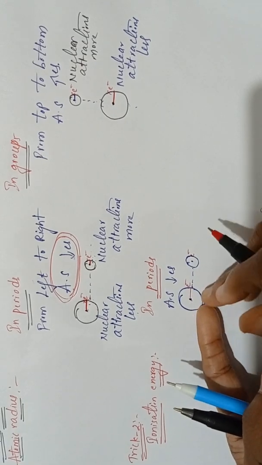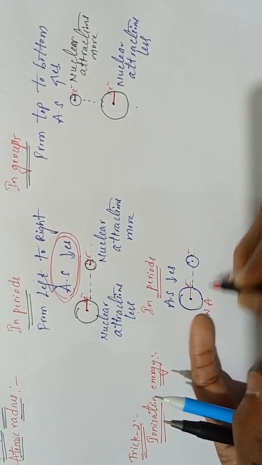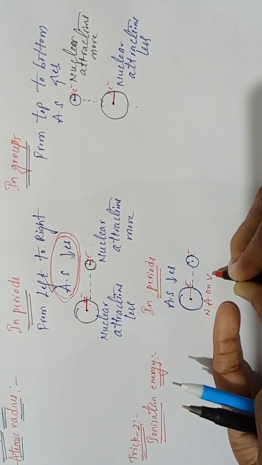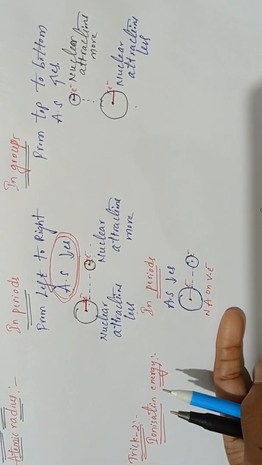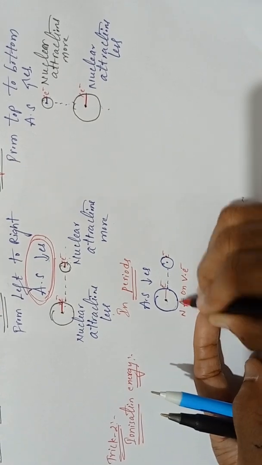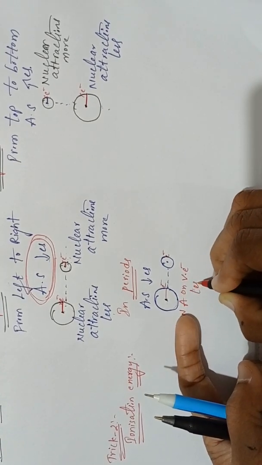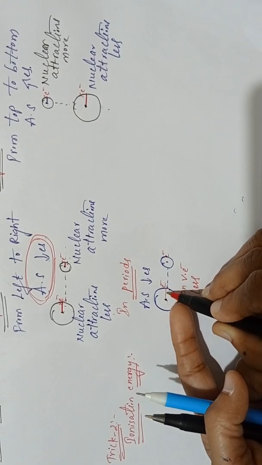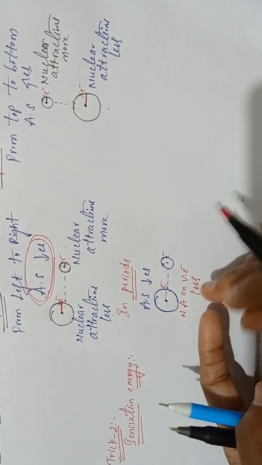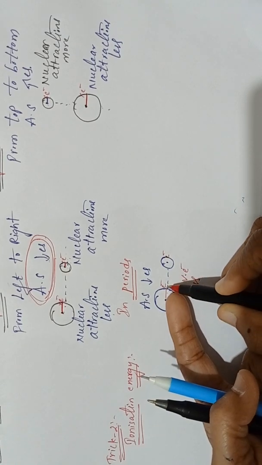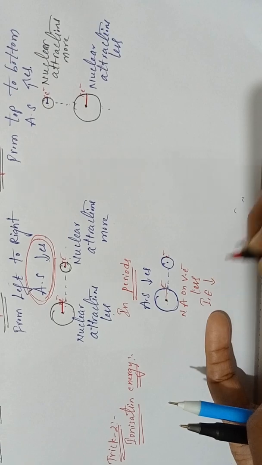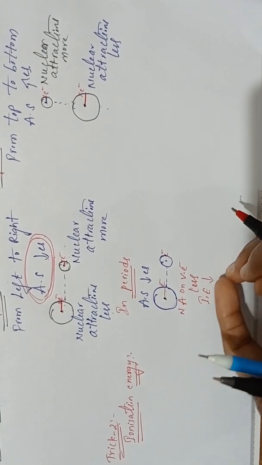From here to here are the nuclear attractions. Nuclear attractions on valence electrons here are less, because the distance is more. So that's why we can easily remove the electron, and in this case ionization energy is less.